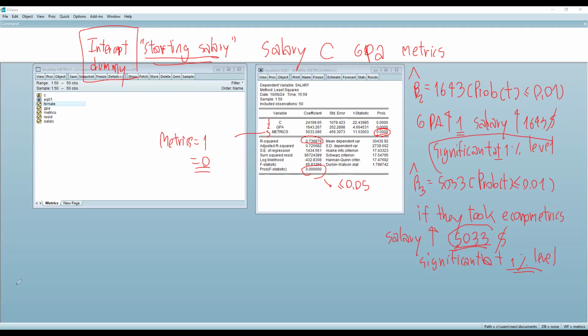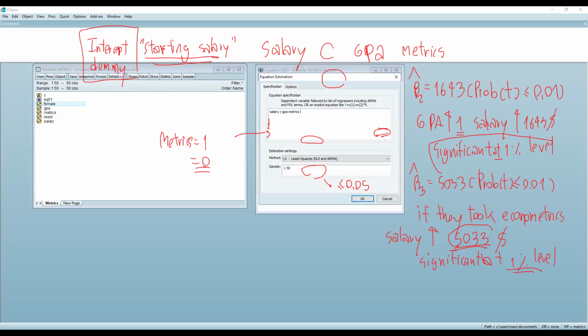Okay, so from this equation, you click estimate, click on estimate here, and then add female. So salary, CGPA, matrix, female.